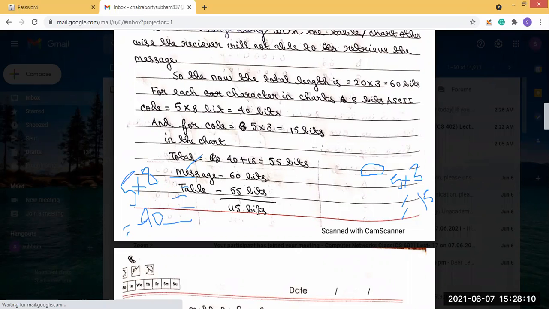But Huffman says that this message, which is 115 bits, can be reduced again. There is the possibility that we can reduce this message further.